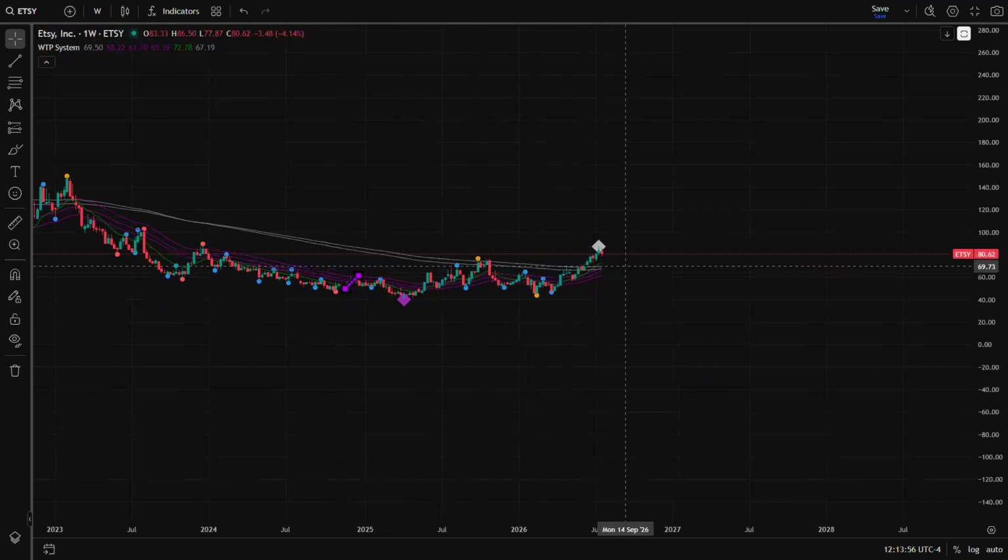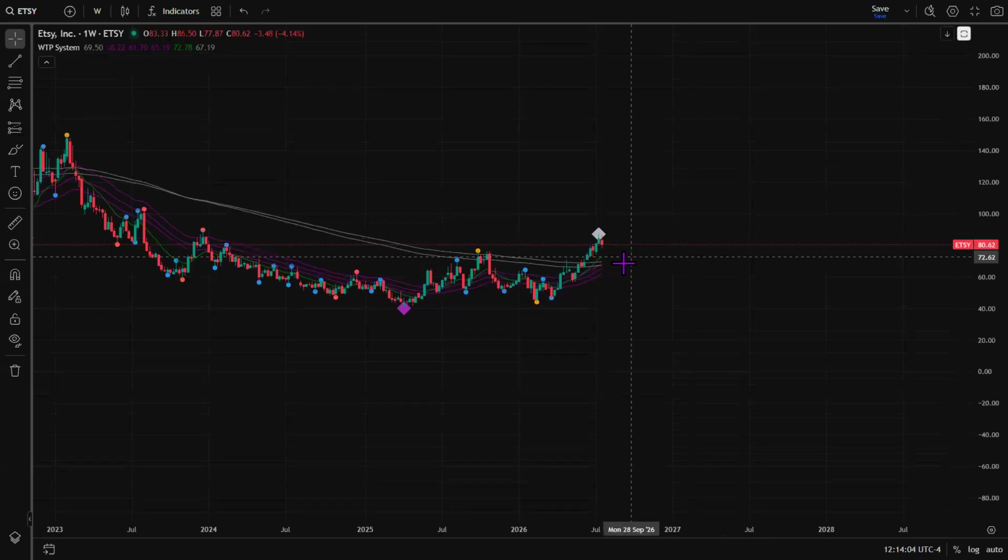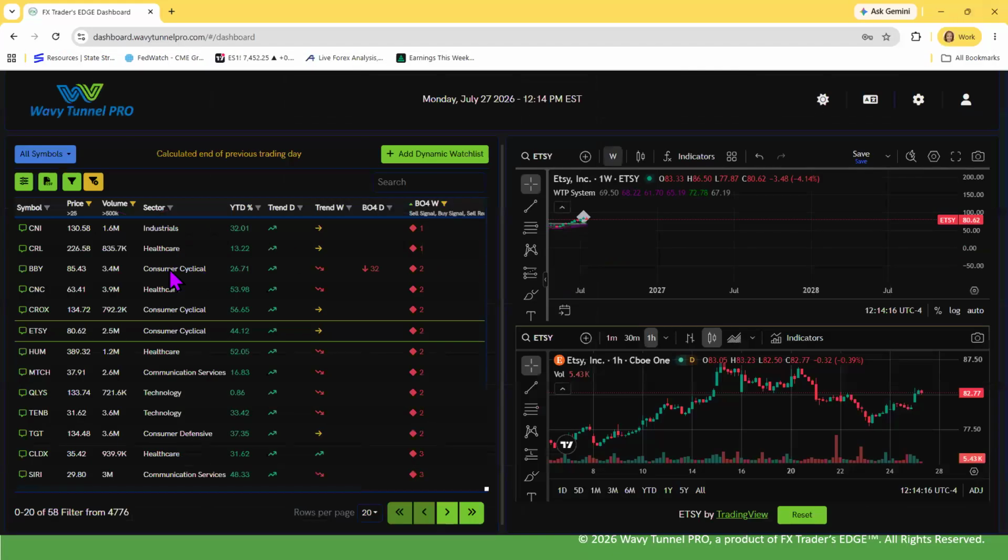I'm going to put this on the watch list. If it just ends in three waves and we start to come down below the filter, then we could possibly head lower. So this is just an alert to say, take a look at this, but we want to see a close below the filter before we take any action. So we're going to put this on the watch list.